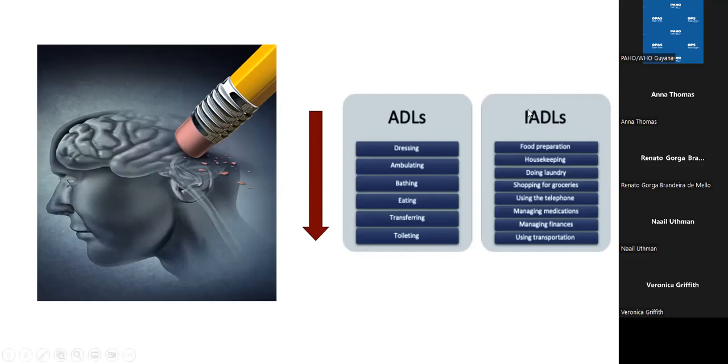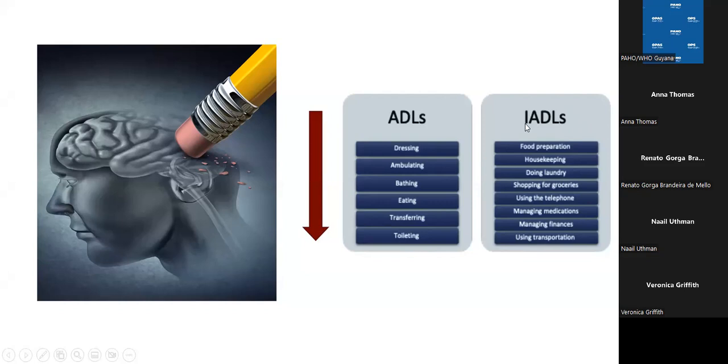As I showed you yesterday, usually dementia affects the ability to perform instrumental activities of daily living in early stages. So to diagnose dementia, you have to find cognitive impairment and loss of the ability to perform instrumental activities of daily living.